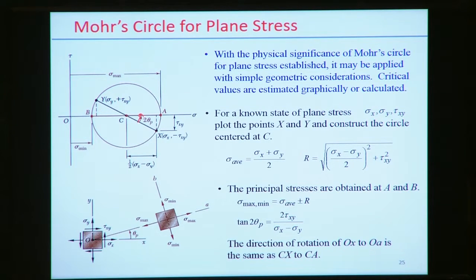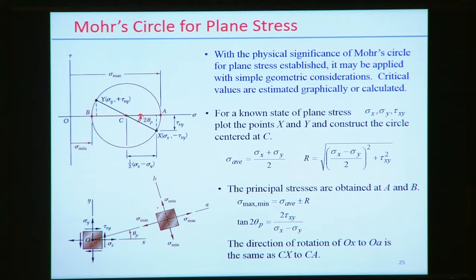With this configuration, we can say that x and y represent the initial stress state, and when it is oriented to the angle theta p, the stress state represents the maximum and minimum values of the normal stress.